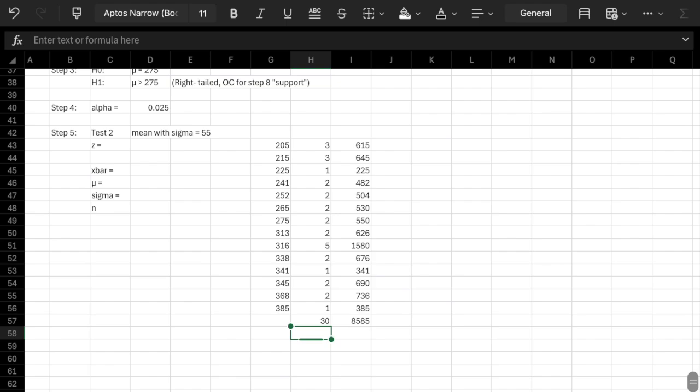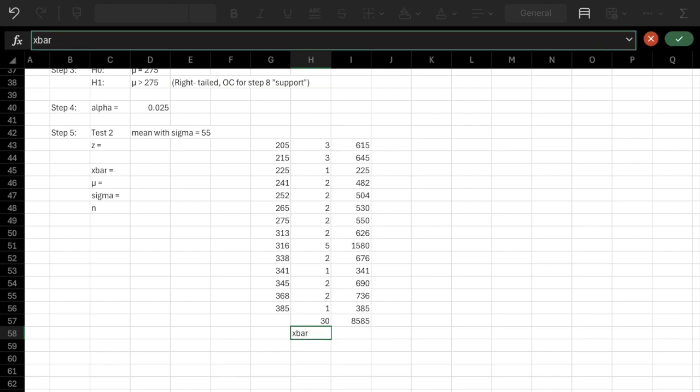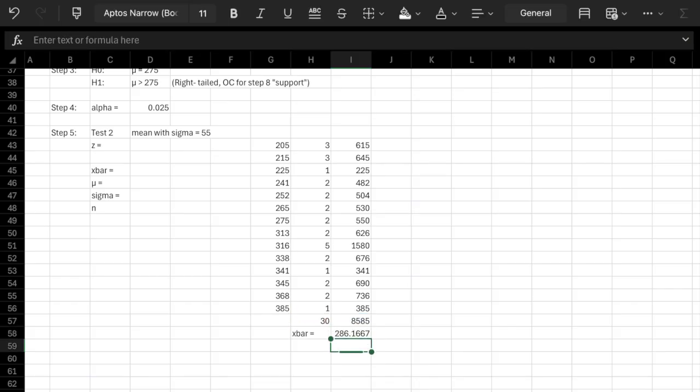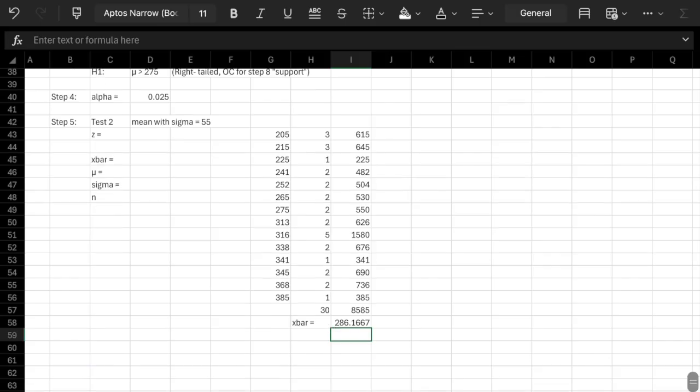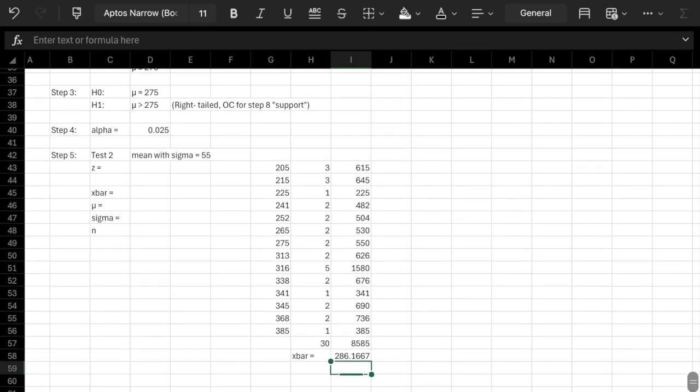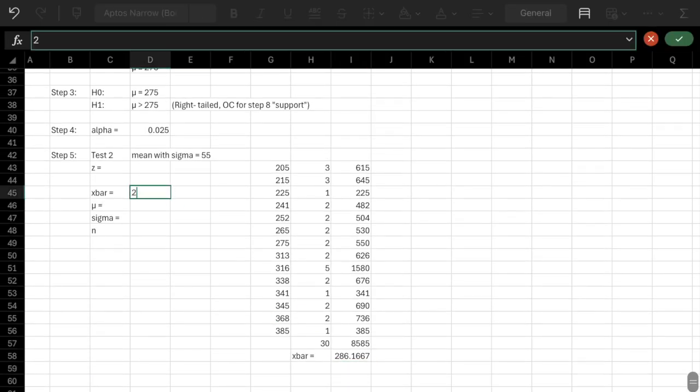Now in order to get my mean, which is x bar, I need to divide this by this. There it is, 286. So that's what I'm going to put in for my x bar. I found the mean from the sample. So 286 point, let's go 0.2.